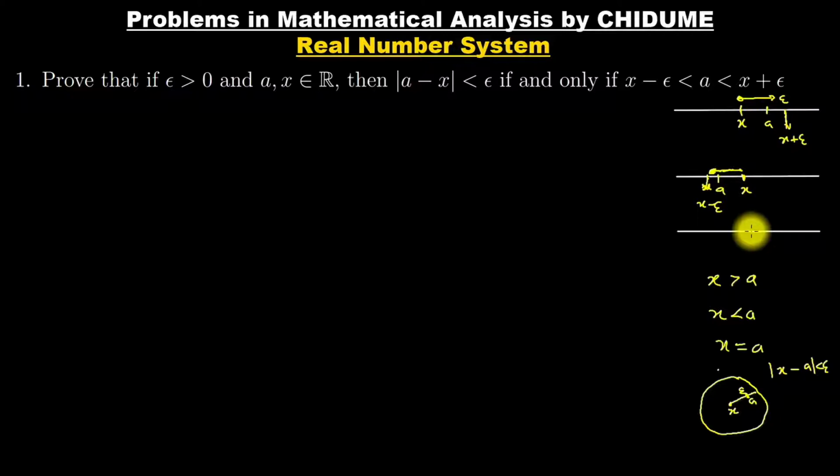Now let's say x is now a. If this is x plus epsilon and this is x minus epsilon, you will see that a will still fall inside this interval, the interval x minus epsilon, comma, x plus epsilon. You can see it here.